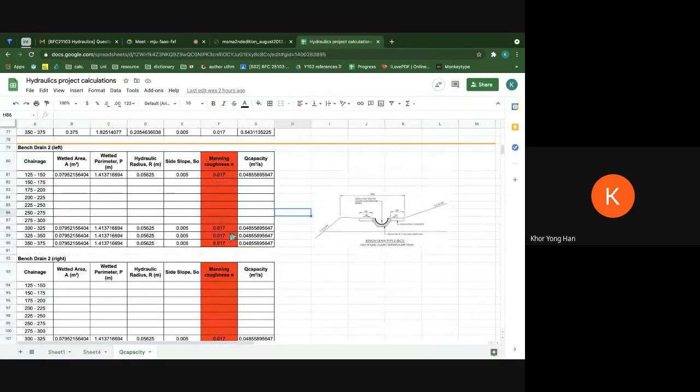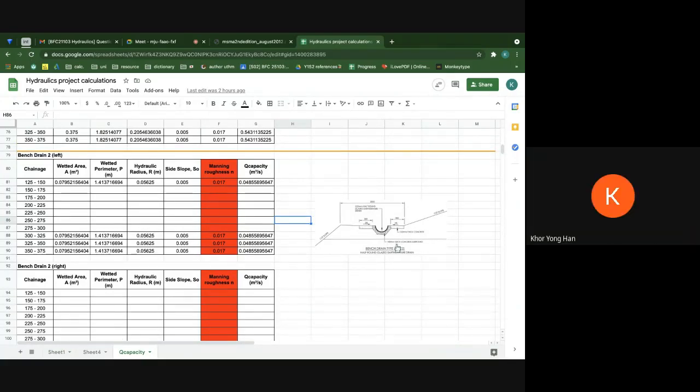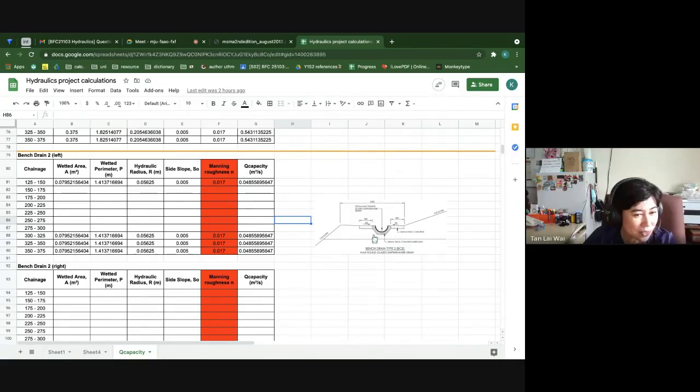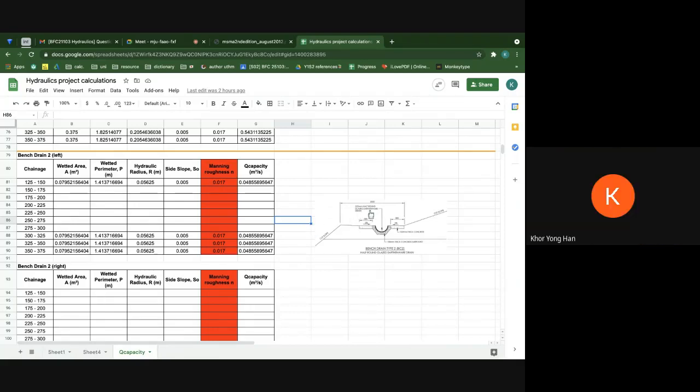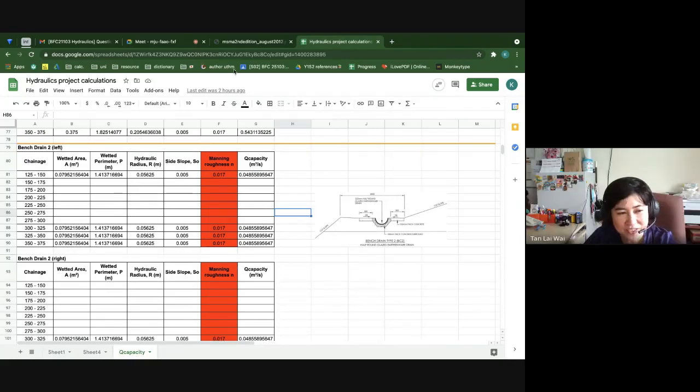For the Manning roughness, we are not sure of the value because it doesn't say anything. Just take concrete. No, it's glazed earthenware. You know what earthenware is, right? Remember seeing drain which has this dark brown color? That is earthenware.